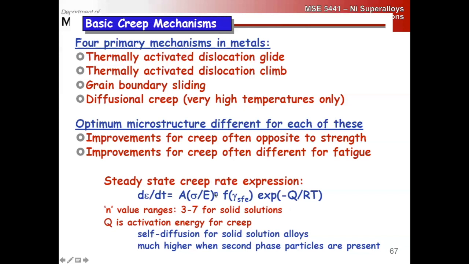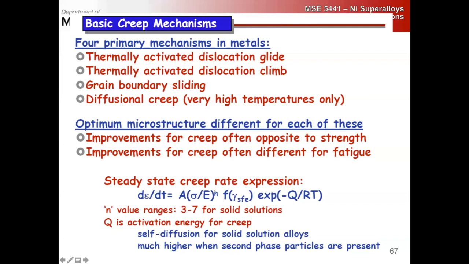The stress dependence has a power law here, right? These notes, again, this is a slide from Jim Williams' course that he gives. This N value here is the stress exponent, right? And this is going to be strongly mechanism dependent. So the classical values, if you just look in the regular metal literature, are N values of 3 to 7 for solid solution strengthening.